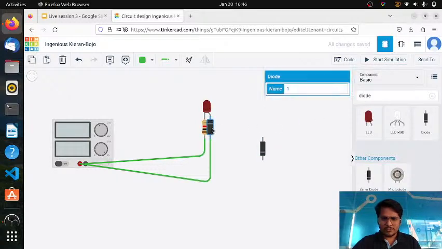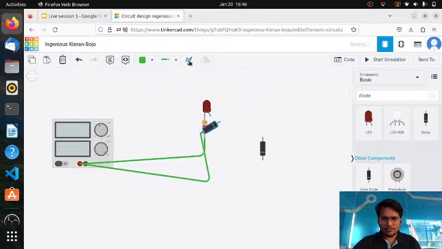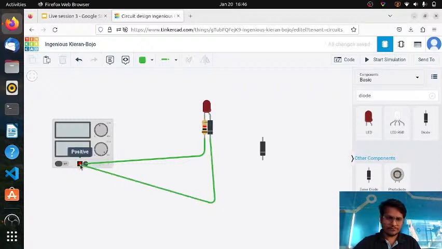Let me change this thing. Let me rotate it and let me delete this wire. I will connect this again. Okay.